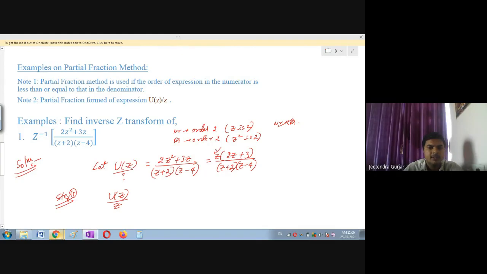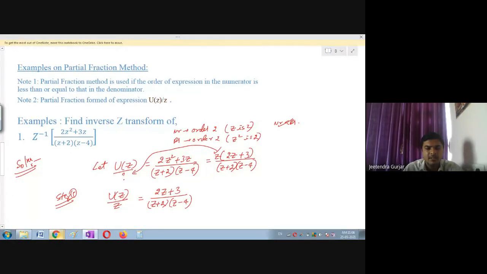So now this is equal to (2z plus 3) divided by z into (z plus 2) into (z minus 4), friends.